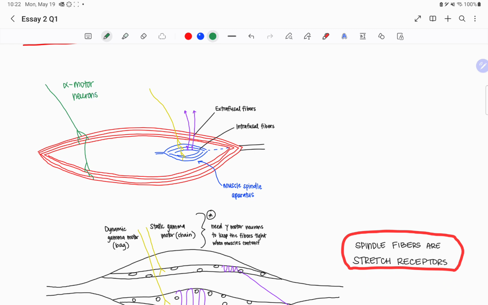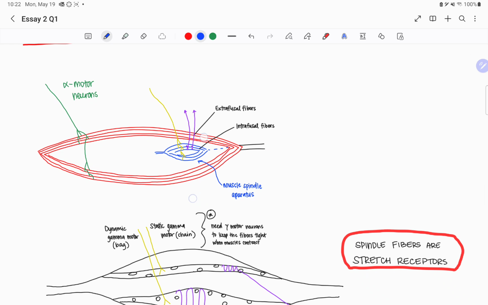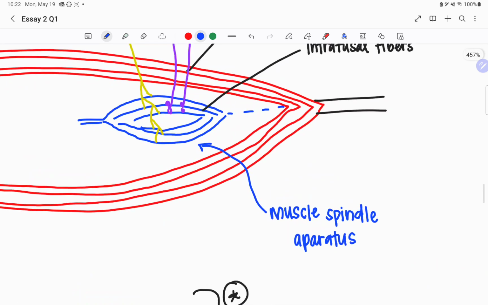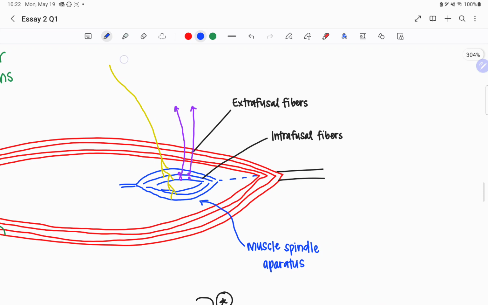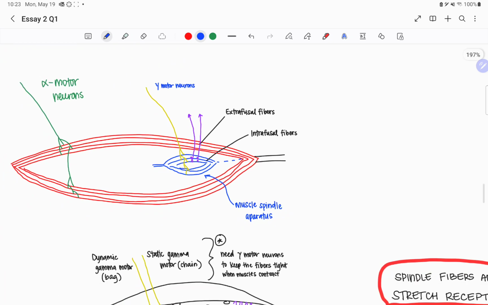Now we have these other guys over here, this little yellow one, coming in and innervating the muscle spindles, the intrafusal fibers. These are known as gamma motor neurons. Okay, so alpha, that means big, right? Gamma means small. But they are still motor neurons.